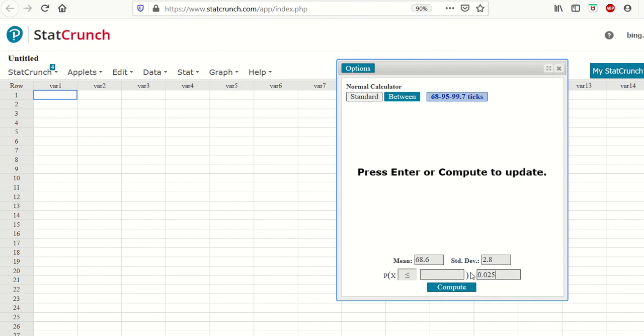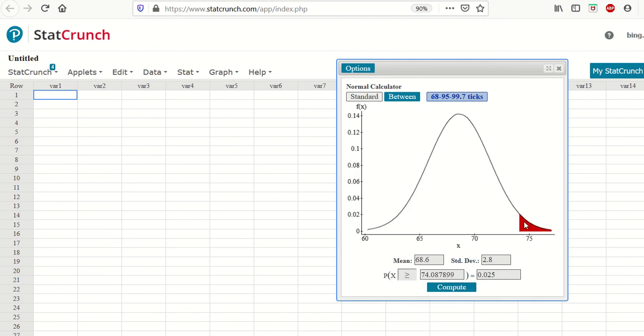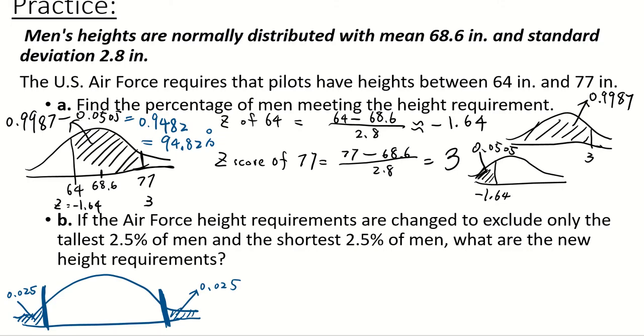This area is above, or to the right of, the value you're looking for, so choose greater than. You can see the graph. The value is 74.09. So this upper bound is 74.09.